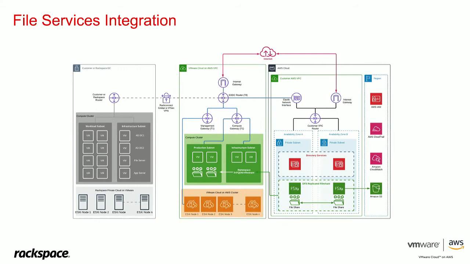The next one is file service integration, because that's also a popular use case where you can make use of the Amazon FSx for Windows service, a managed service by AWS. You can even have it resilient based on 2 availability zones, replicating via DFS between the 2.